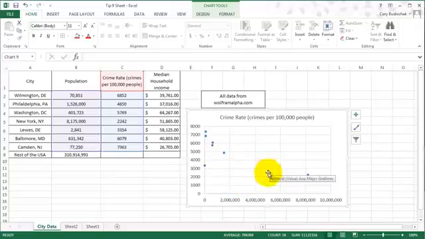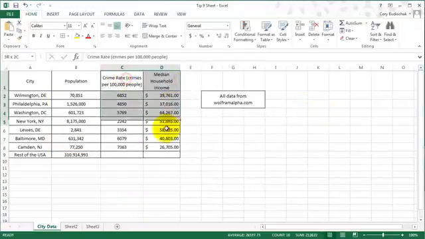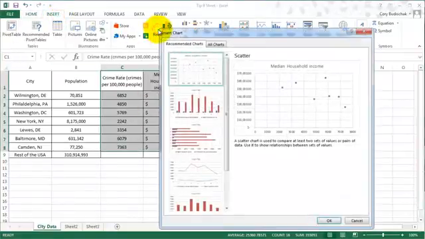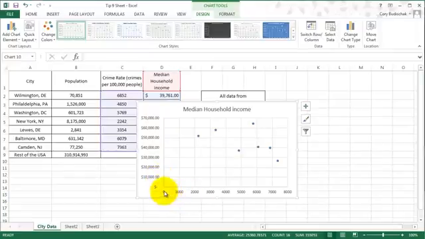Since it's really cool, I want to show you one more. Let's do the crime rates versus the median household income. So the median household income's here, and the crime rate is here. And again, if I was to hand this in, I would make axis titles.